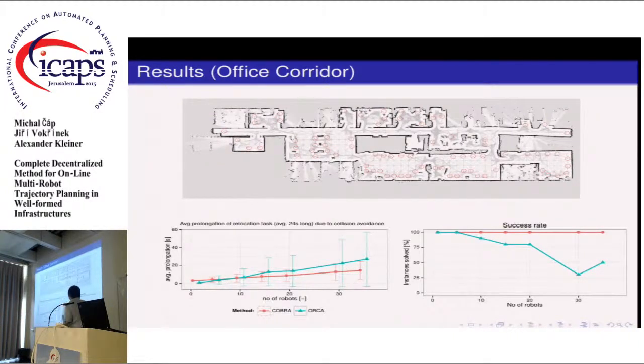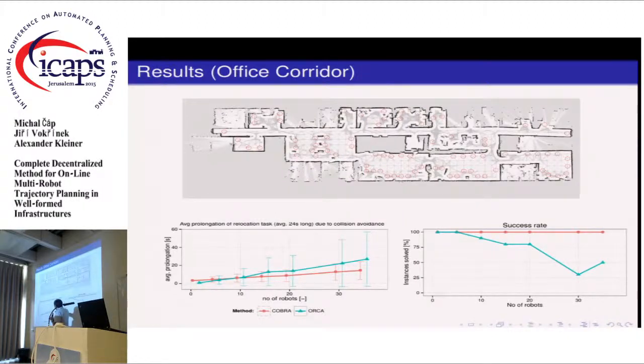So we can see that we have much better coverage. For example, in these really dense situations, the reactive approach actually fails or ends up in a deadlock in more than 50% of the cases. So in this particular environment, it's quite unreliable, and moreover, we are getting shorter trajectories.